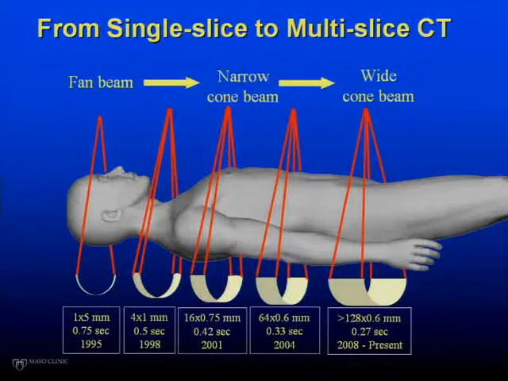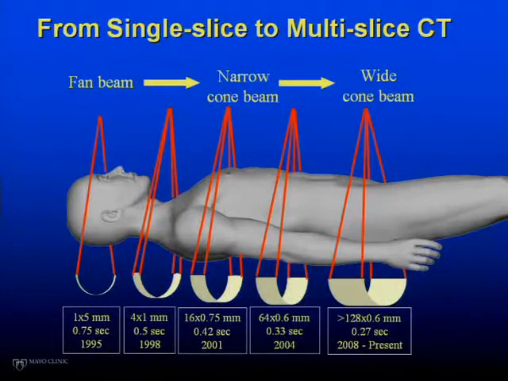So all the manufacturers have been pushing very hard to increase the number of detector rows. From 1998, it only took several years for the number of detector rows to increase from 4 all the way to currently the most, which is Aquilion ONE with 320 detector rows and a longitudinal coverage up to 16 centimeters.